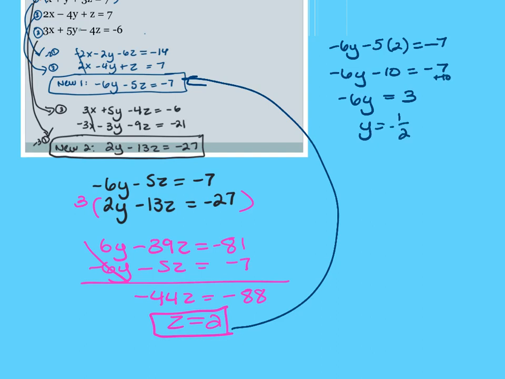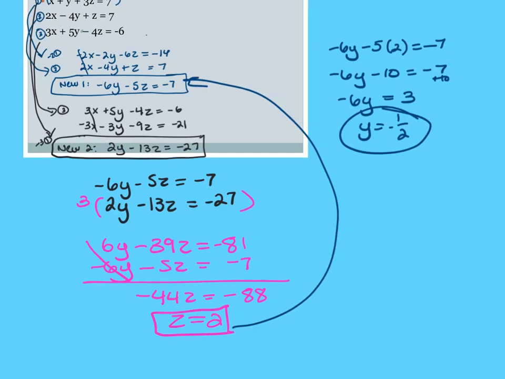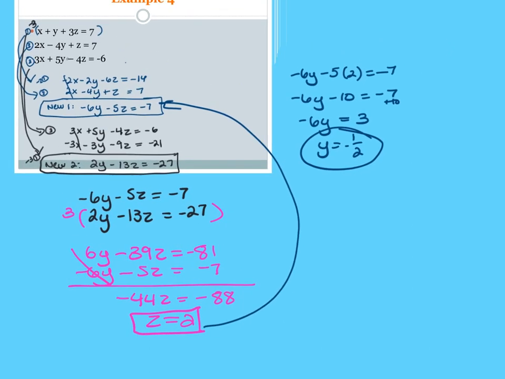And I get -1/2. Take them, plug them back into the original ones, and I can pick any of them. So I'm certainly going to pick one that has an even number against the y, if I can, to cancel out that fraction, which would be that second one.